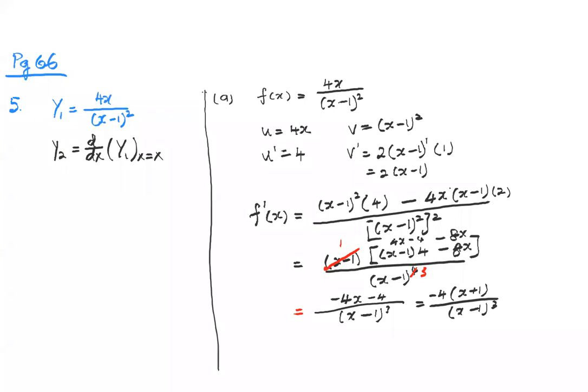So if I want to draw the sign diagram of f prime x, okay. To draw any sign diagram, listen here. Whether f prime x or fx or whatsoever, okay?